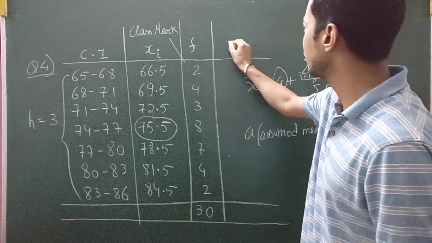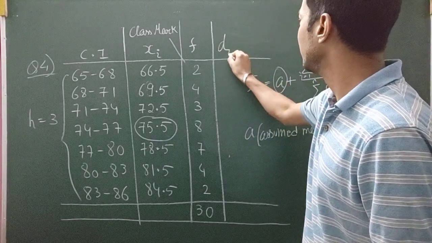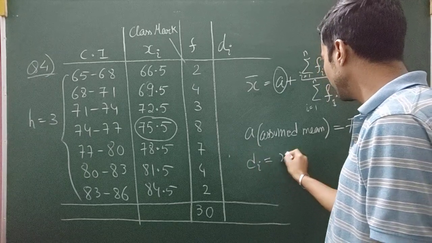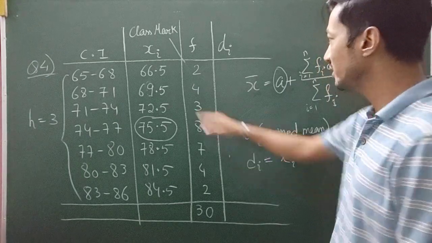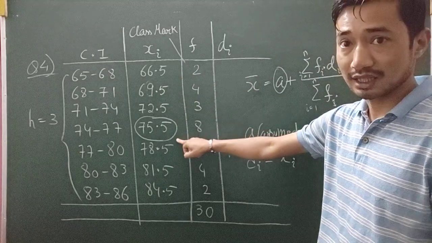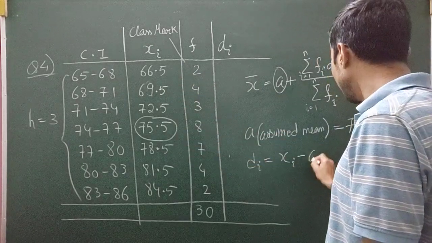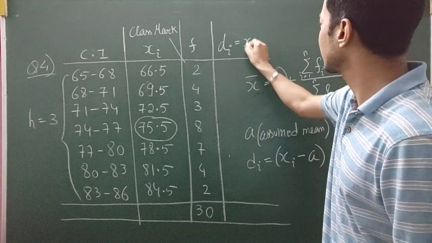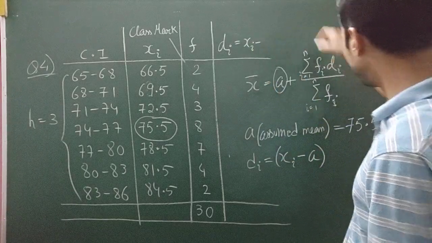Now time to find the deviation, di. Di is the deviation of each and every value of the class mark from the assumed mean. So here it is xi minus 75.5, our assumed mean.